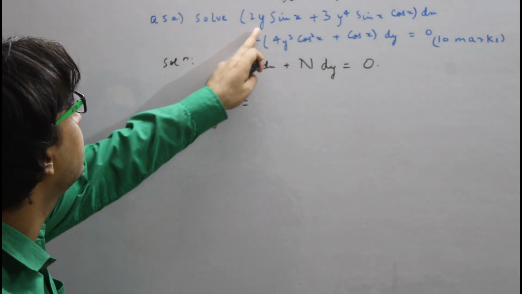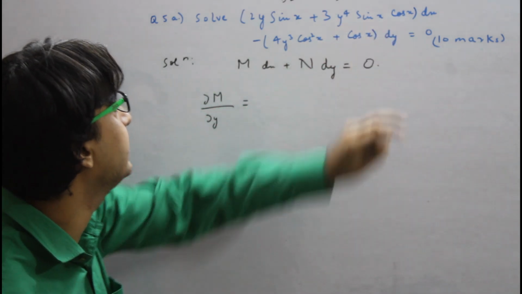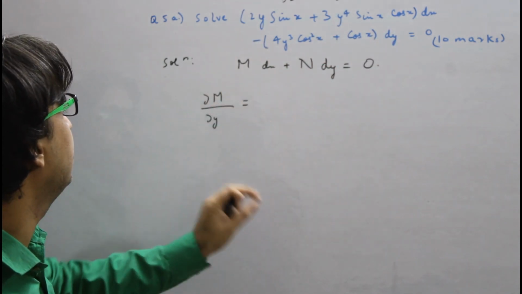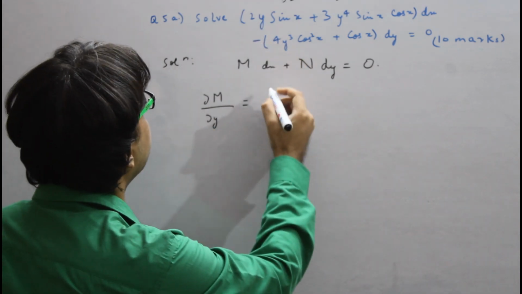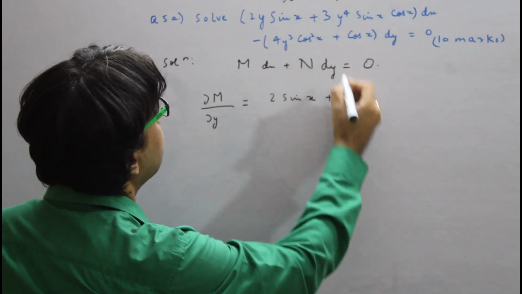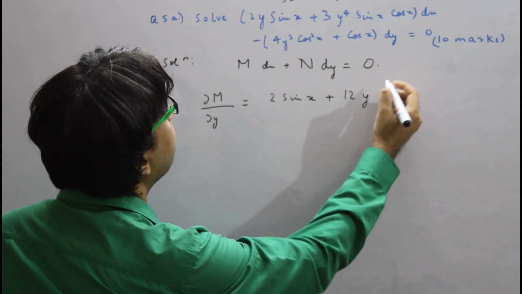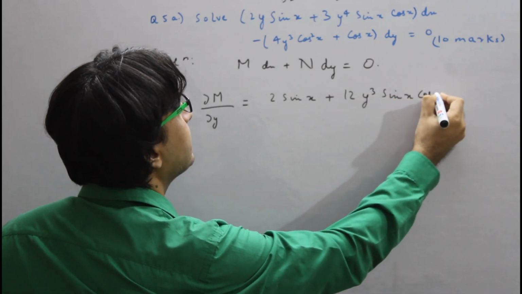So here M is 2y sin x + 3y^4 sin x cos x. If I take the derivative with respect to y partially, it is going to be 2 sin x + 12y^3 sin x cos x.